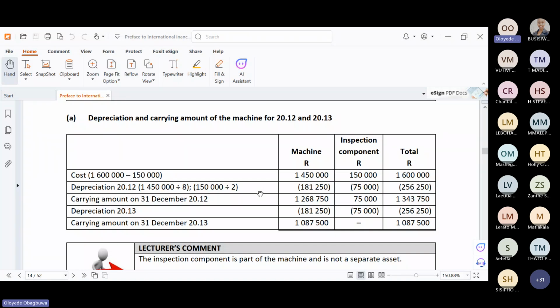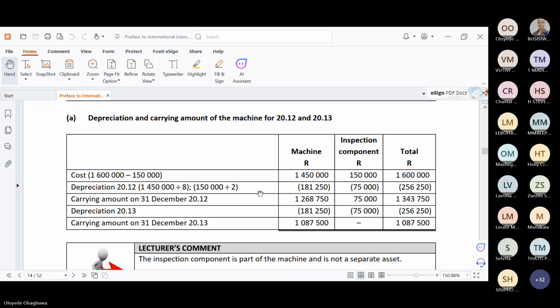So the cost of the machine is 1,450,000, and its useful life, because there's no residual value in the question, is 8 years. So you divide the cost by the useful life, and it gives you 181,250 per year.